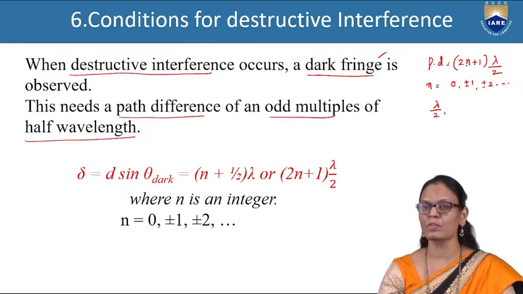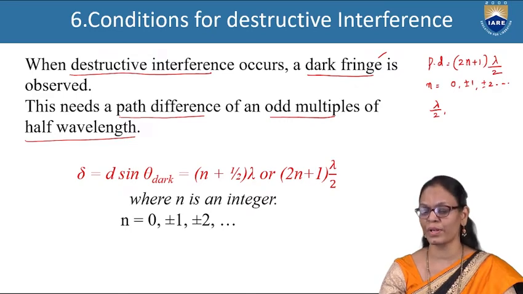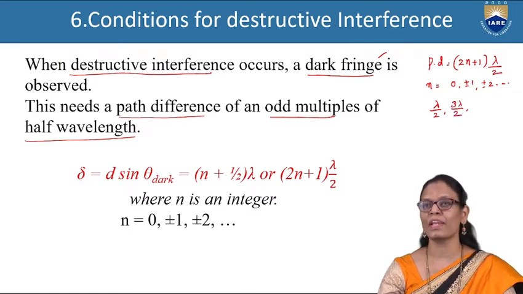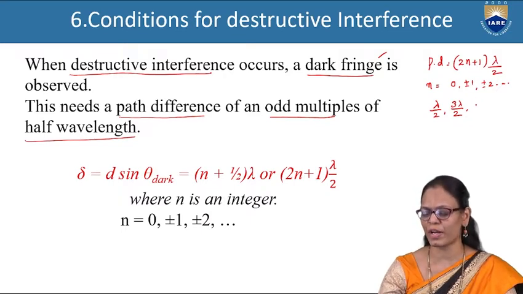Now when n is equal to 1, 2 into 1 is 2, plus 1, we get 3 lambda by 2. When n is equal to 2, we get 2 into 2, 4, plus 1, 5 lambda by 2, and so on.